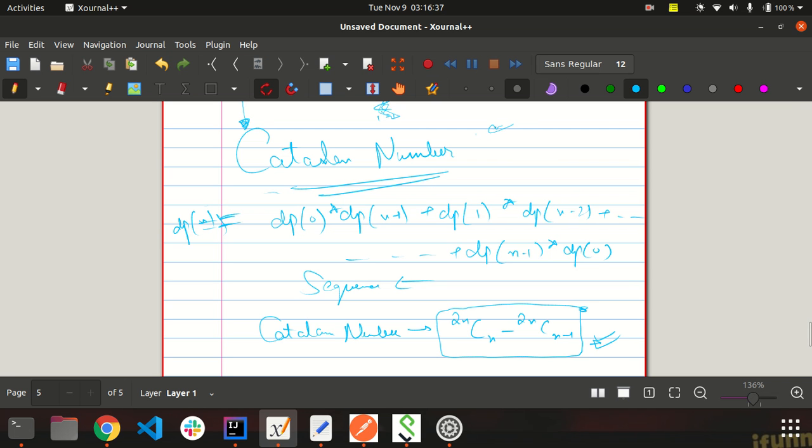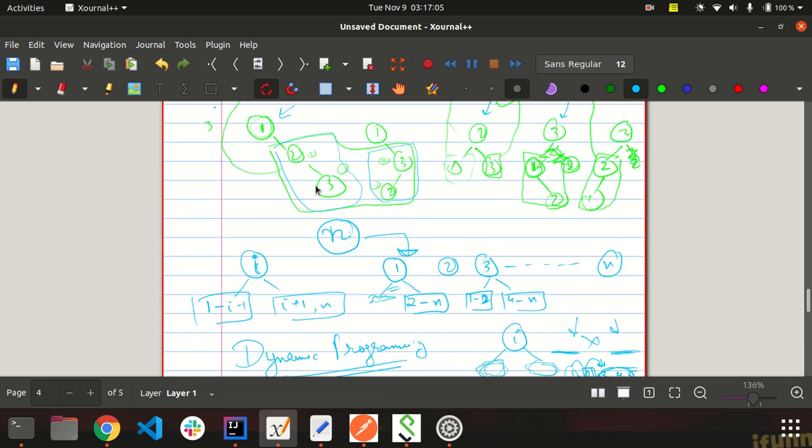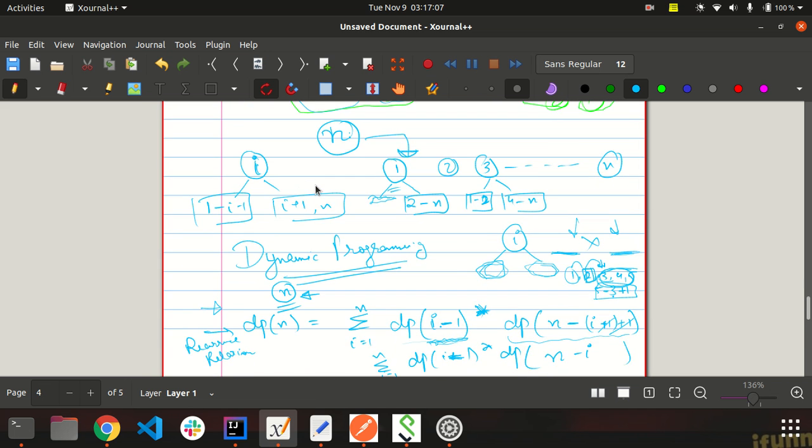So I was just giving you some facts regarding it. There are many similar problems in programming which we usually solve using dynamic programming. Basically, the mathematical proof and other things for the Catalan number you can see online. I was just giving you some observations related to this problem.